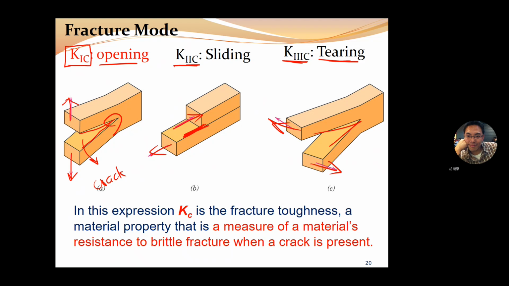So in this expression, K is the fracture toughness, which is a material's property. It is a measurement of a material's resistance to fracture when a crack is present. That means the crack is already inside the material.